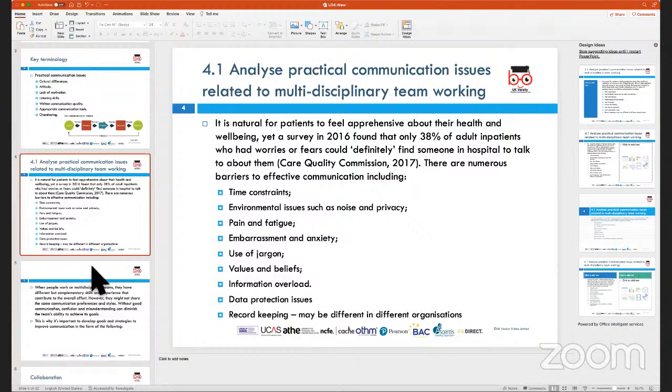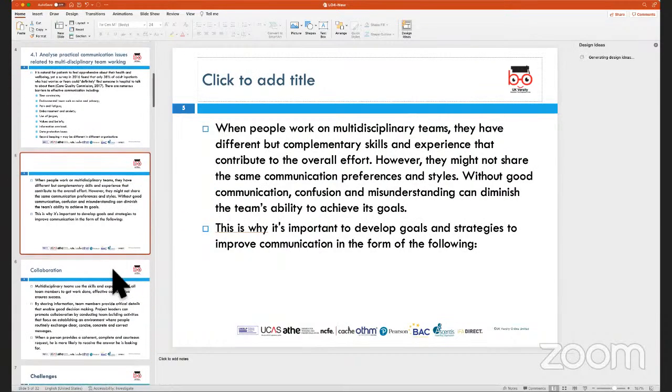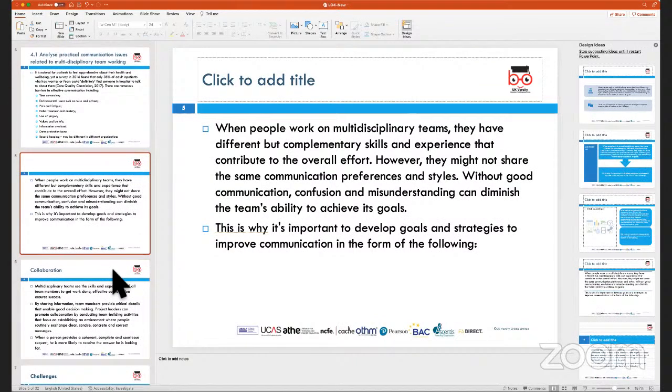Now, these are some of the practical issues faced because of differences in communication in multidisciplinary teams. In the subsequent slide, I've gone into a bit more detail on why these issues crop up.